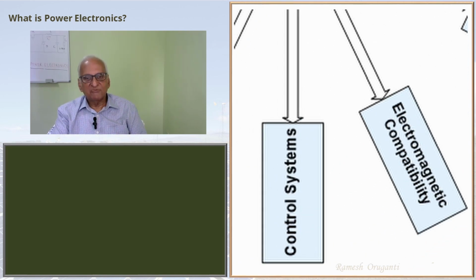The next I have mentioned is electromagnetic compatibility. Power electronic converters, as I mentioned earlier, use power semiconductor devices like transistors. They are used in switching mode. They are turned on or off like a switch. So there is a large swing of currents and voltages inside the equipment, in various parts of the equipment, because of the switches.